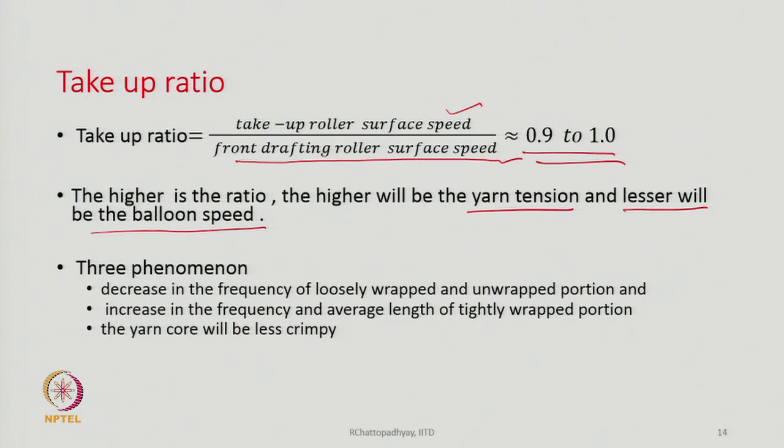When we go for a higher ratio, one is a decrease in the frequency of loosely wrapped and unwrapped portions, then an increase in the frequency and average length of tightly wrapped portions, and the yarn core will be less crimpy. We have seen earlier while discussing the structure of the yarn that sometimes the core of the yarn is wavy and crimpy.